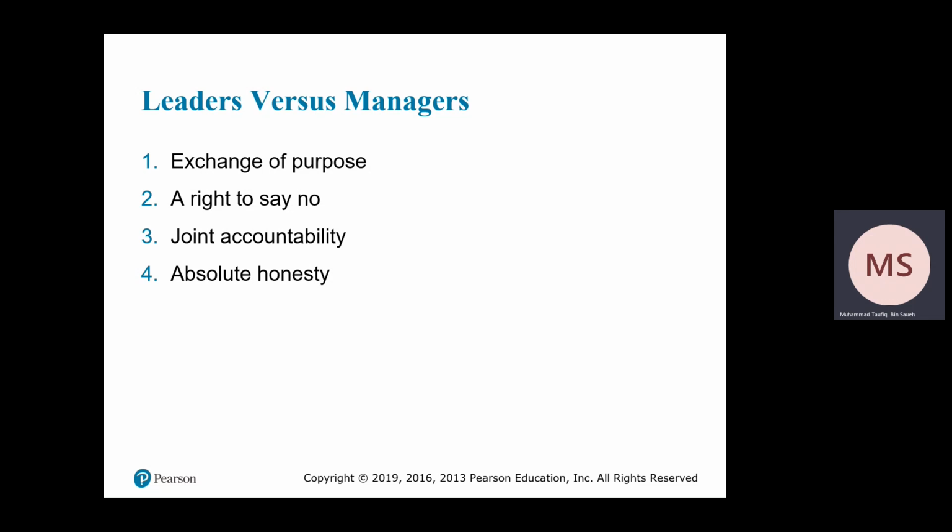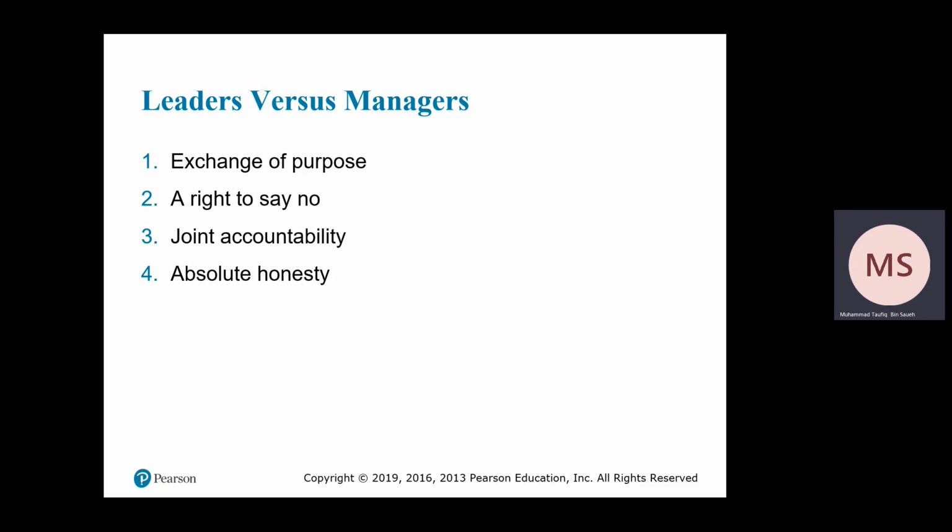And then joint accountability. Leaders not only distribute the responsibility, but at the same time also hold responsibility to their teammates. This is the number two difference between leader and manager.